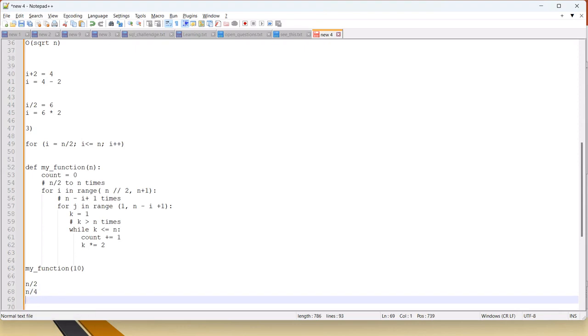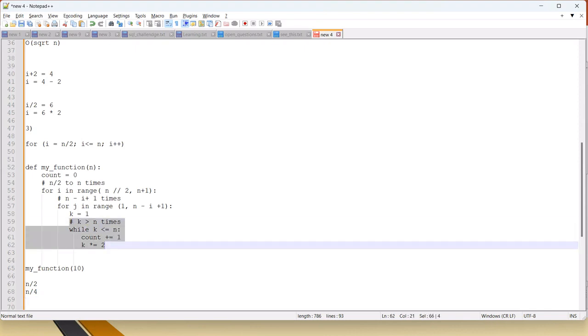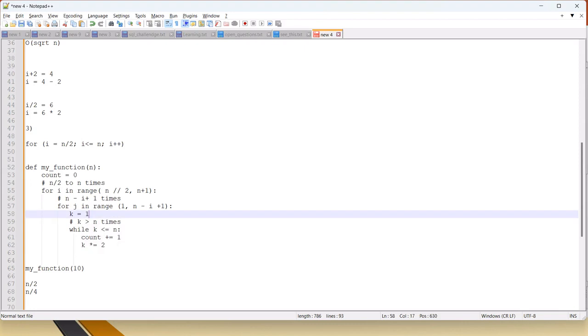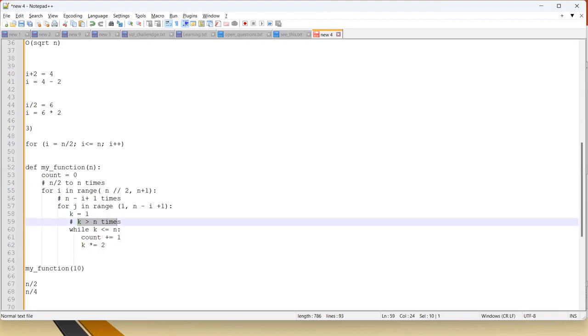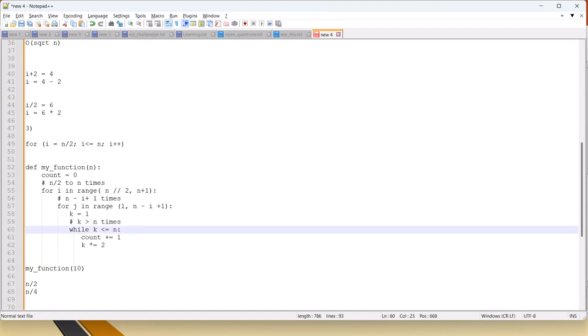And then here if you see this particular while loop, k is going up to n, which means that many times it will run, correct?